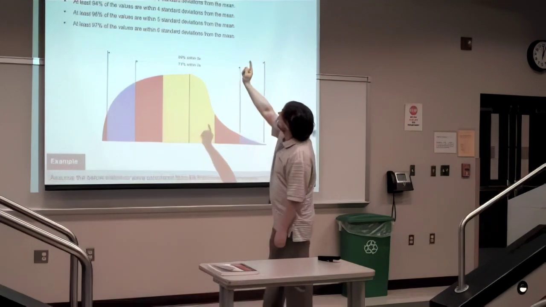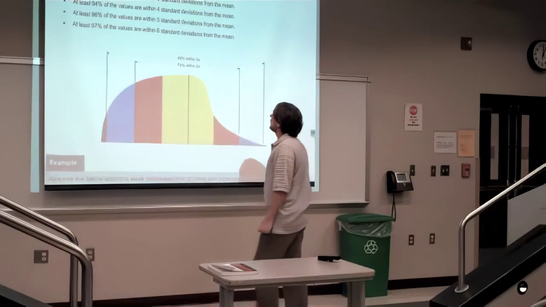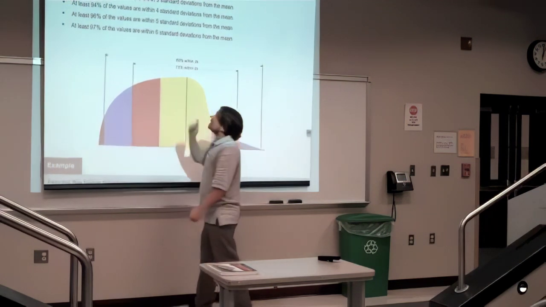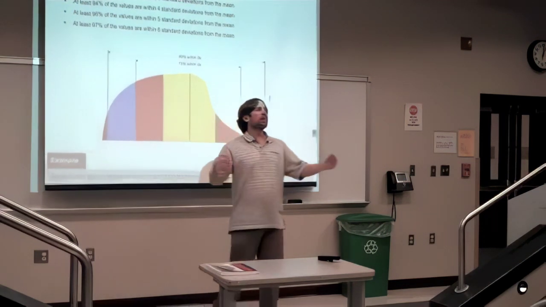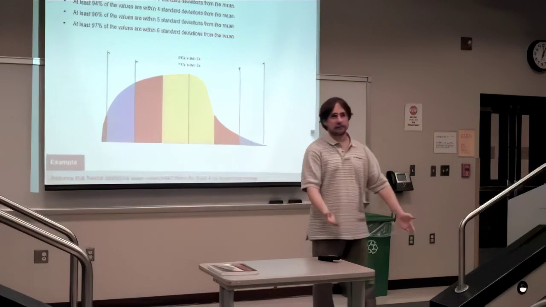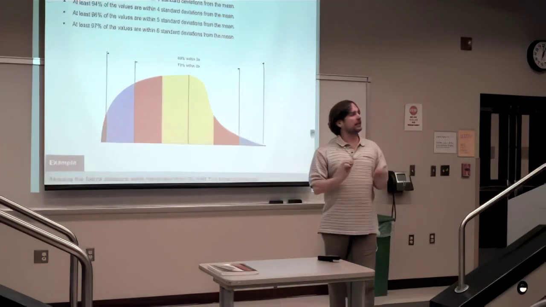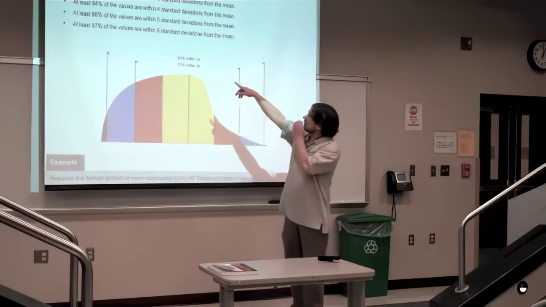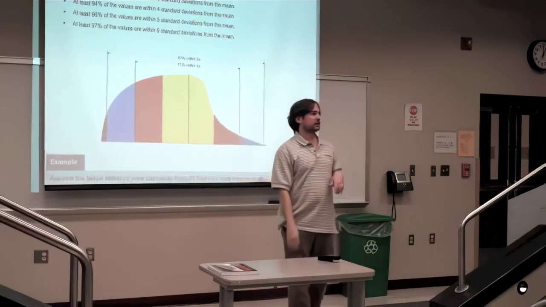It says that 89% will fall within 3 standard deviations. 94% will fall within 4 standard deviations, and so on. So all you need to really know about Chebyshev's theorem is this: the percentages relative to the standard deviations.